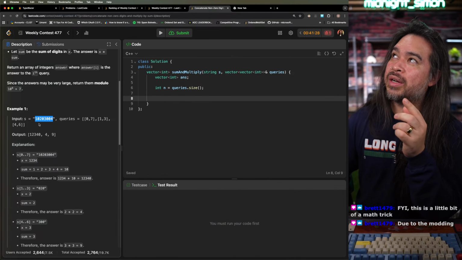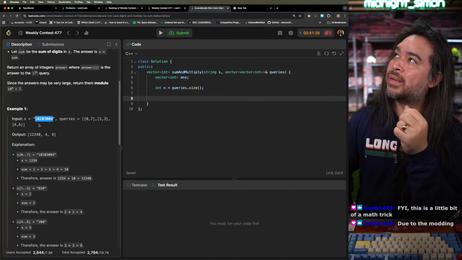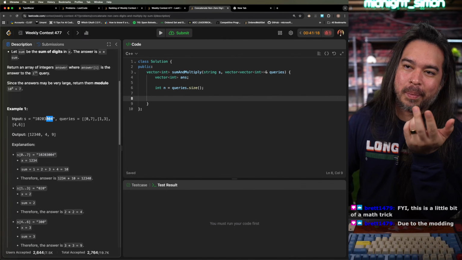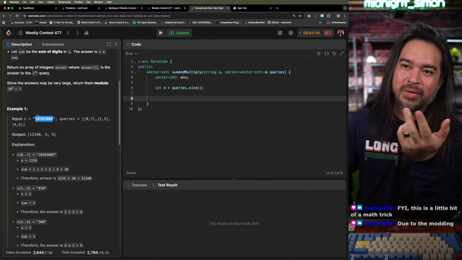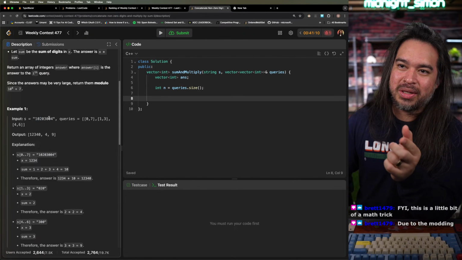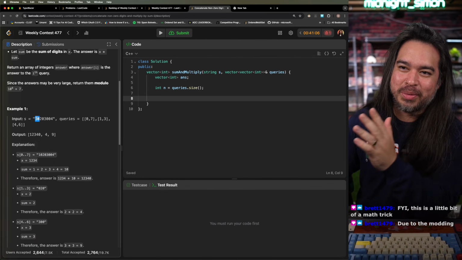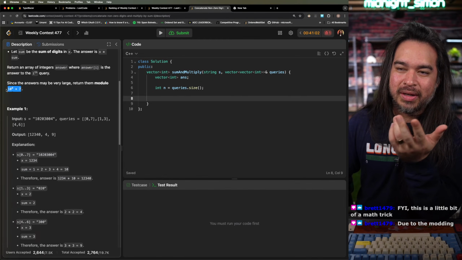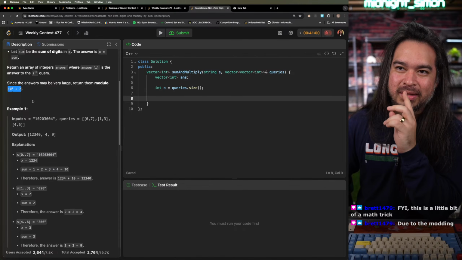Maybe we can count how many digits are in there, and then somehow you can know which place each digit should be and multiply that out. But then the range could be so large, I guess you would have to do some type of modding to keep it consistent.